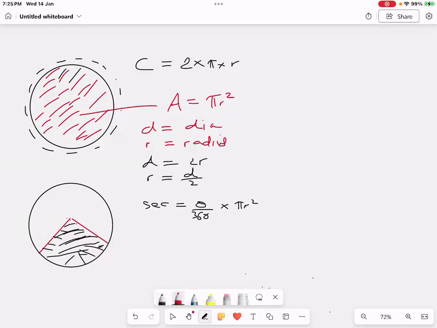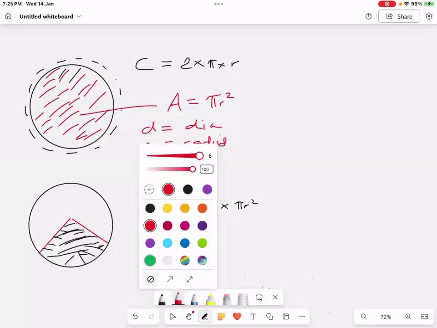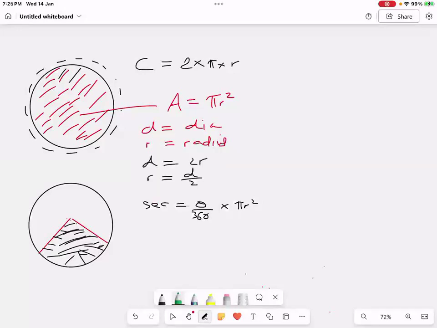And we also extended our knowledge to when we find this piece around here. It's the edge right around here. I call it the crust of the pizza. So around here, we refer to this green section here as the arc. And the arc is going to be equal to theta divided by 360 multiplied by 2 pi r.